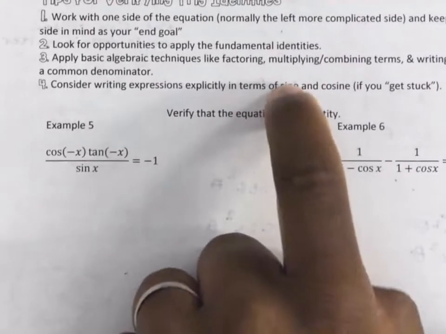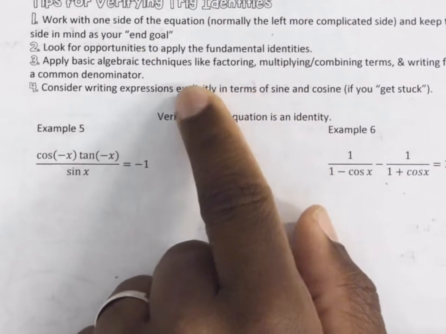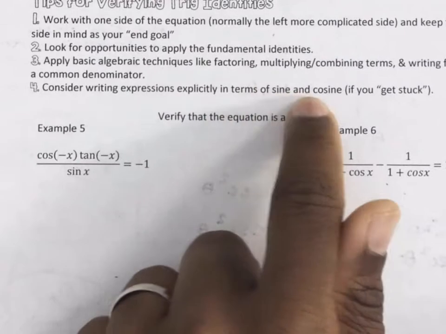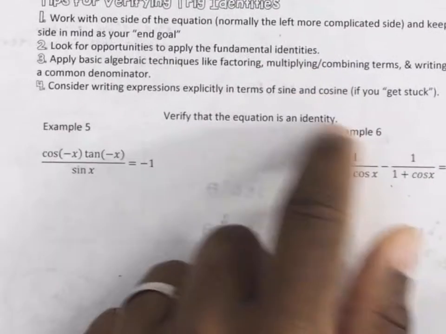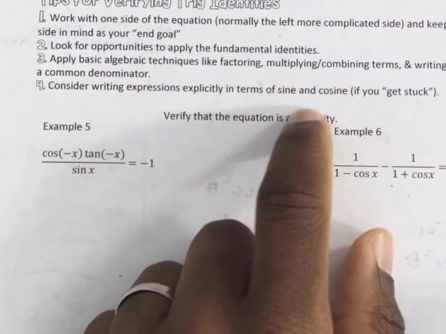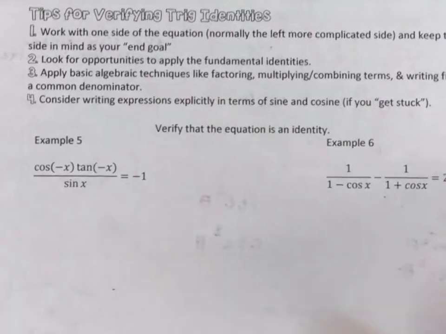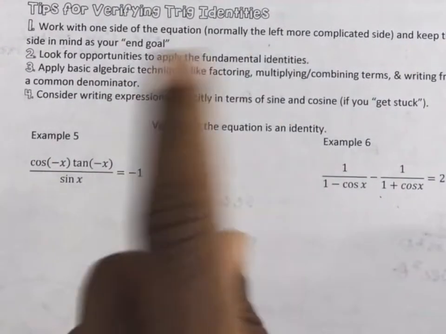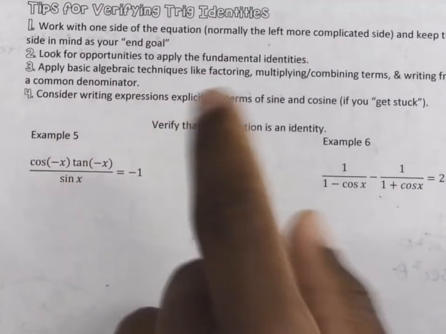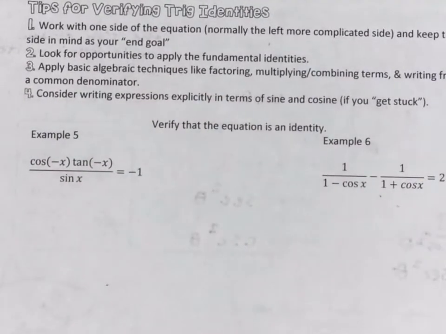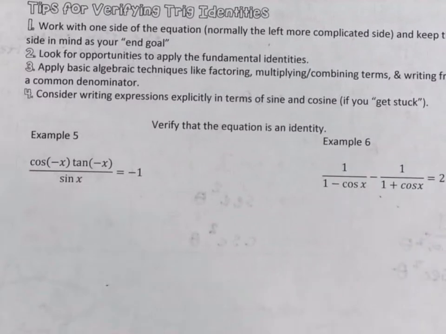We'll use the identities in step 2 like we've been doing. We may find a common denominator, or multiply fractions, or combine like terms, or do other algebraic things that you've been doing since middle school. And then if you get stuck, think about changing all of your terms that you can to write it in terms of sine and cosine.